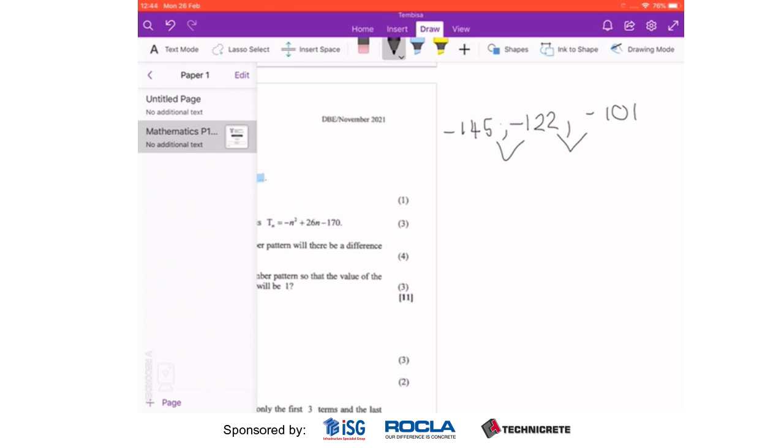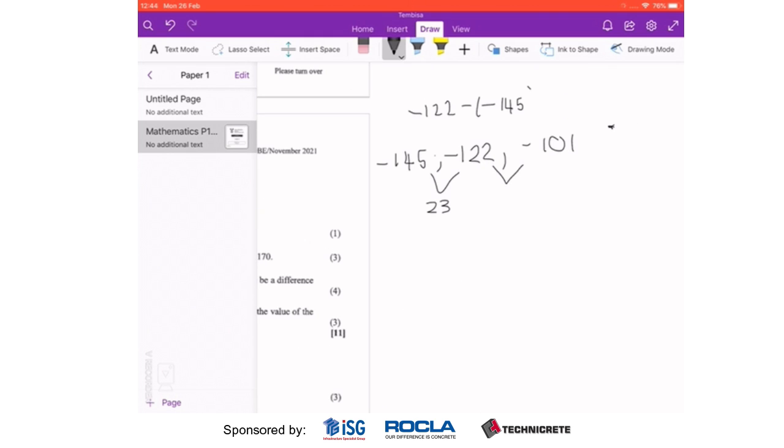So negative 122 minus negative 145, be very careful of that. That's going to become positive, and here we're going to get 23 because our bigger number is becoming positive.